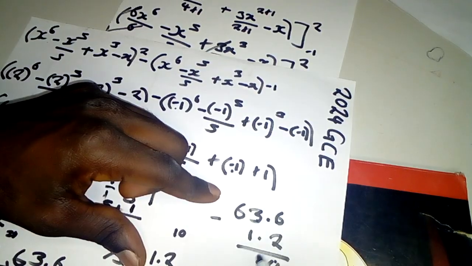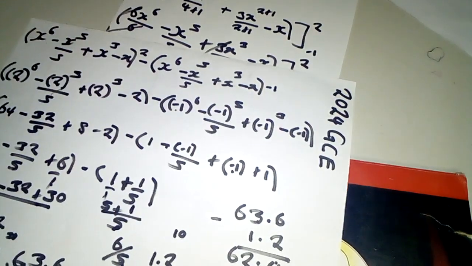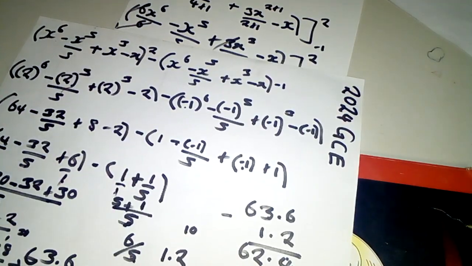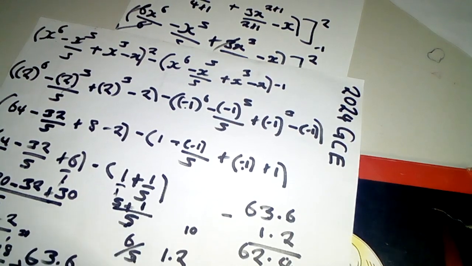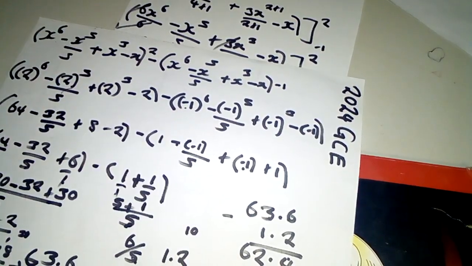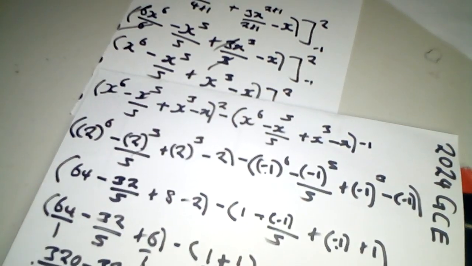Then 3 minus 1 will get a 2. Then here it is a 6. So our final answer from this one is 62.4, and this was 3 marks. I hope you have learned something there.